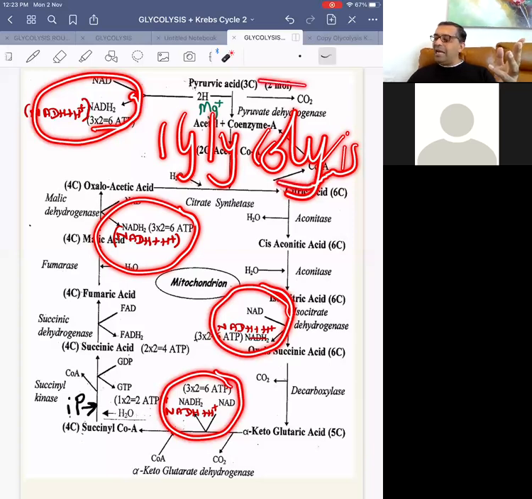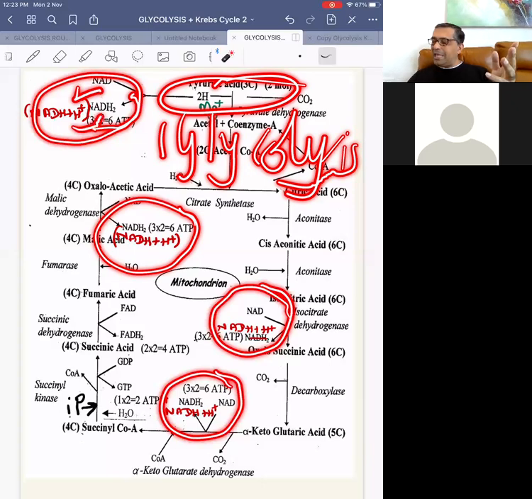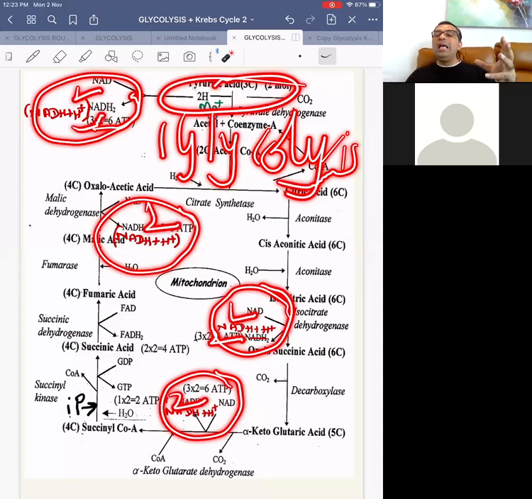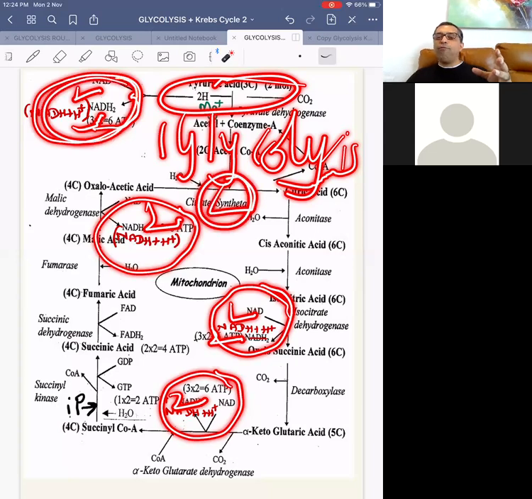Similarly, there are 2 molecules of pyruvic acid, so here we have 2 NADH plus H plus. Similarly, in the Krebs cycle we have 2 NADH plus H plus, and here also 2, and here also 2. So total how many NADH are formed? Glycolysis 2, acetylation 2, that is 2 plus 2 becomes 4.